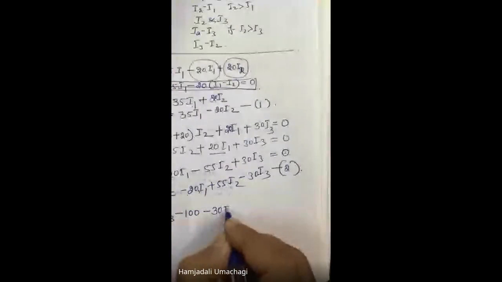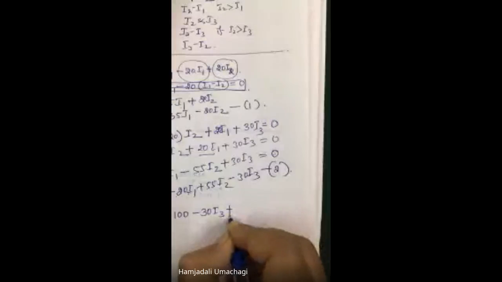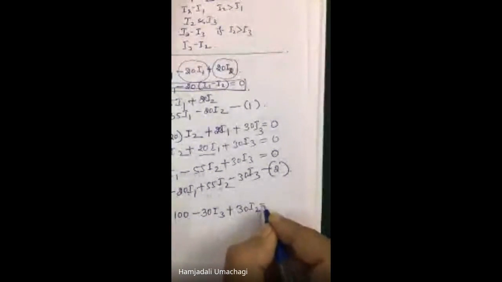Minus 100 volt. Again, this resistor is carrying 30 I3. But the common branch is this one. This current gives plus 30 I2, equal to 0.